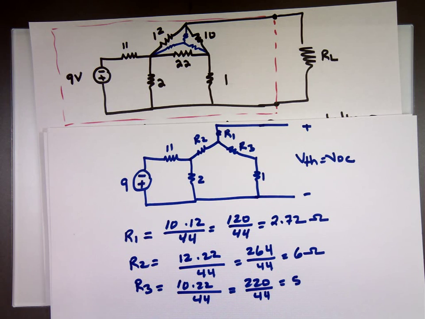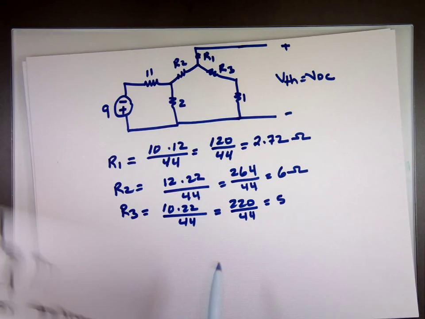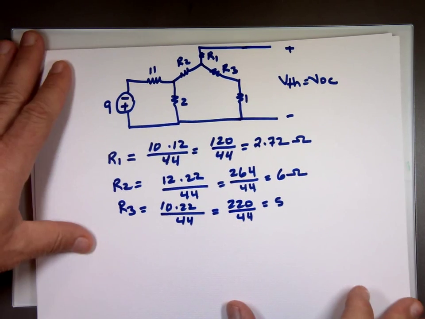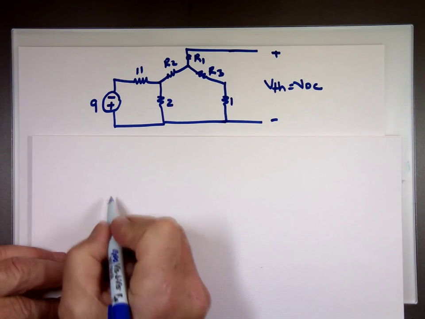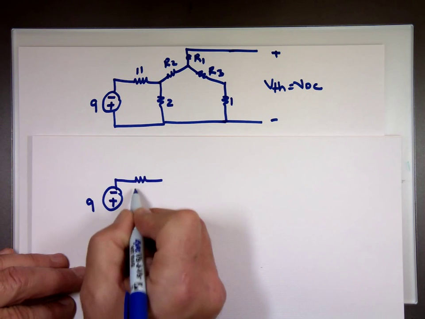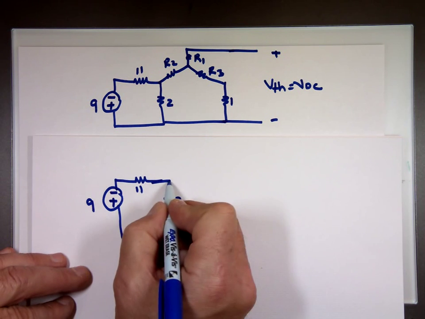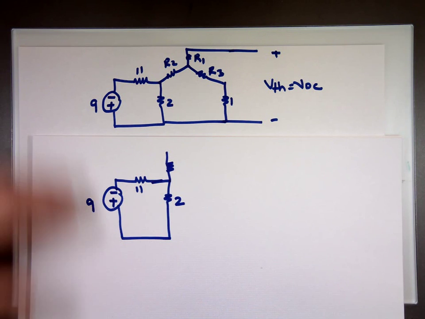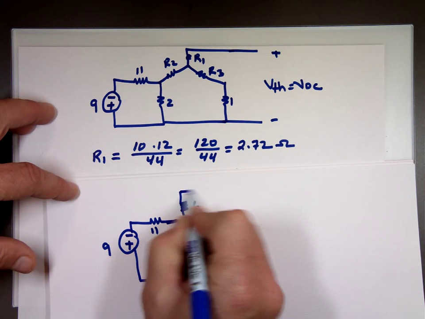So I can redraw my circuit a bit nicer because it looks ugly right now with the bends and all that in it. So let me redraw it nicely. This is R sub 2 here. What was the value of that? 6? I should have left some room for me on the top.